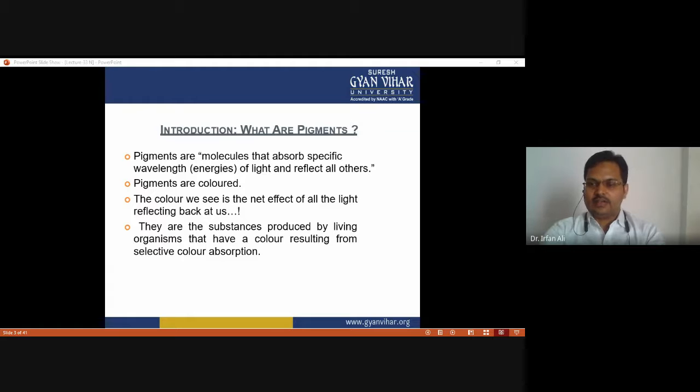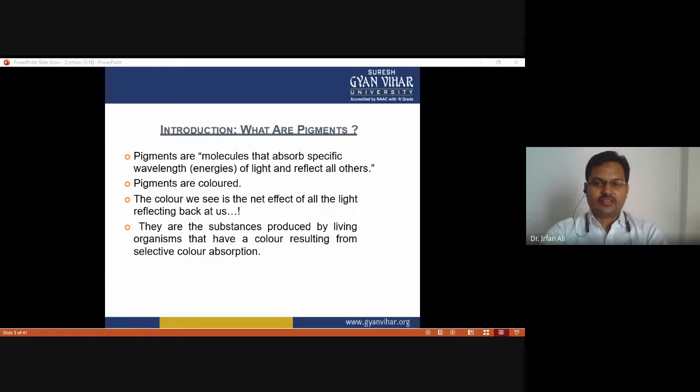Obviously, the name is given to them because of their color, and the color we see is the net effect of all the light reflecting back at us. Some of the light is absorbed by the pigment, and some of the light is reflected by the pigment. That's why we observe the color.